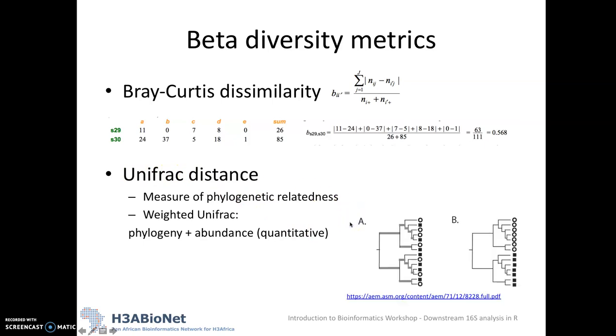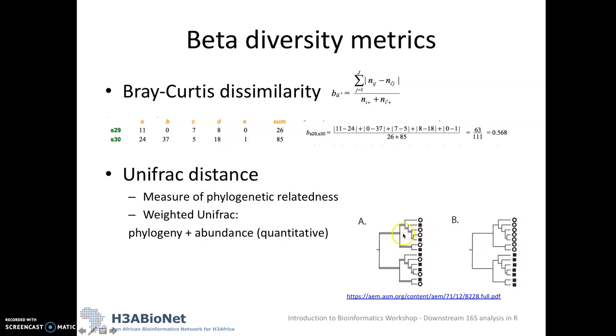So to calculate unifrac distance, if we look at the comparison here, just to give you an idea of when we have samples that are closely related versus ones that are less similar, if circles and squares denote different samples, we can see that branches attached to nodes that are colored black are unique to a particular environment or sample, and gray if they are shared.